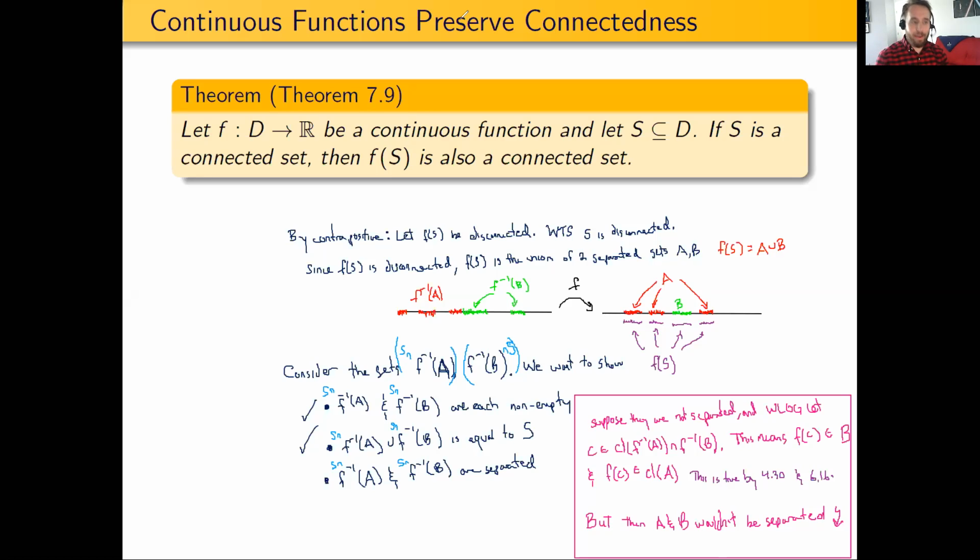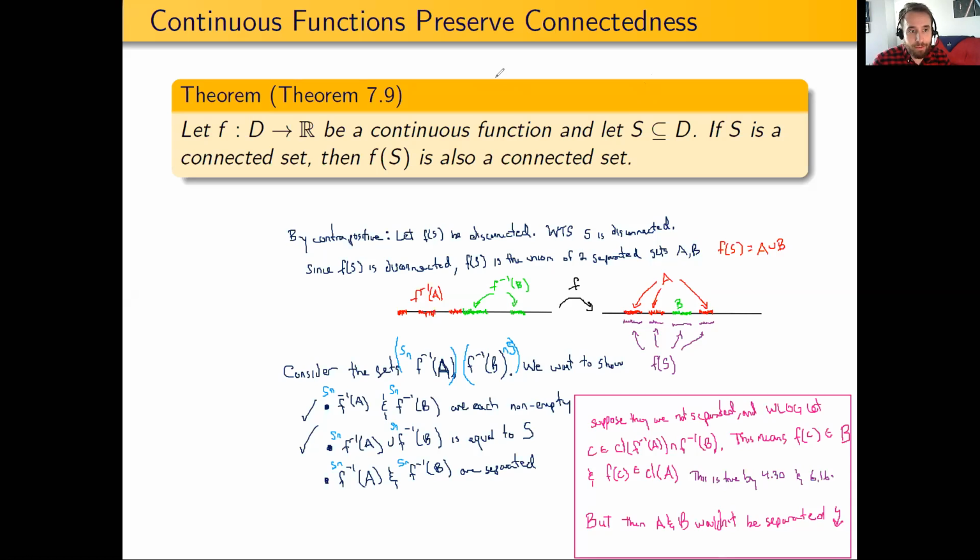Okay, and we're back. So for this final bullet point, again, it's a little bit of a more challenging argument, but it goes as follows. We can argue this bullet point by contradiction. So suppose that the preimage of A and the preimage of B were not separated.